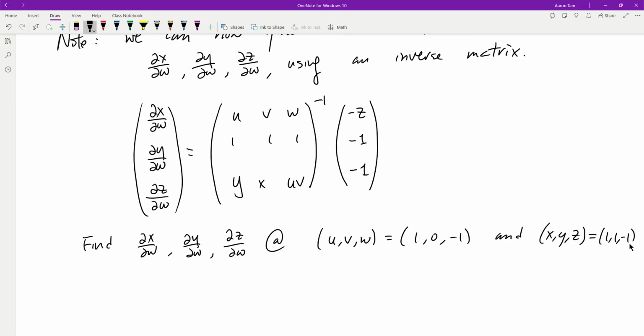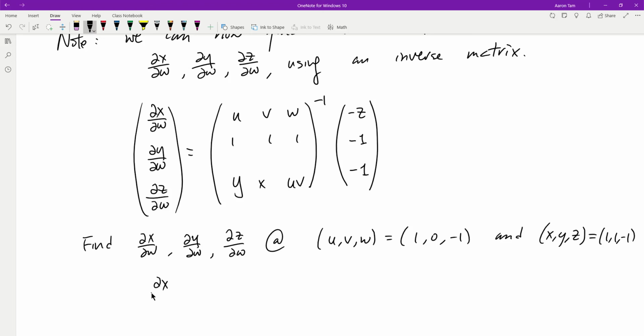Plugging those numbers in allows us to have our coefficient matrix and our right side vector all become just numbers, and therefore we can actually finish the problem and find our partial derivative at that particular moment.